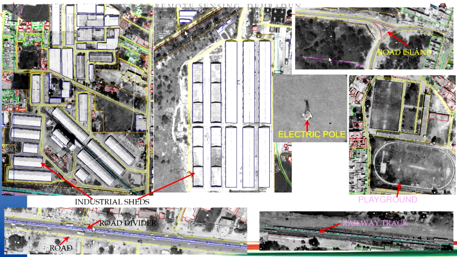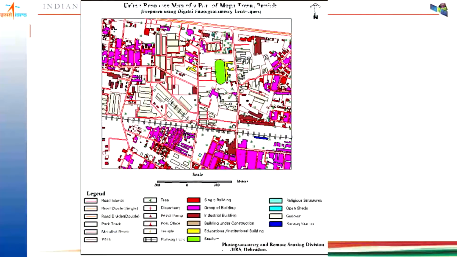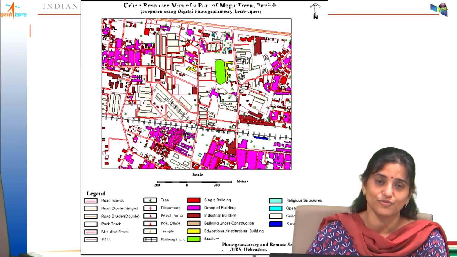It was extracted, and all this can give you a map like this. So using the orthophotograph, you can generate a similar map. This is what photogrammetry is being used for.